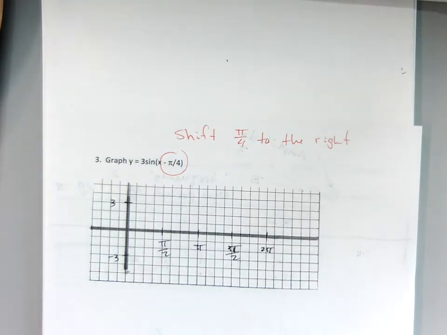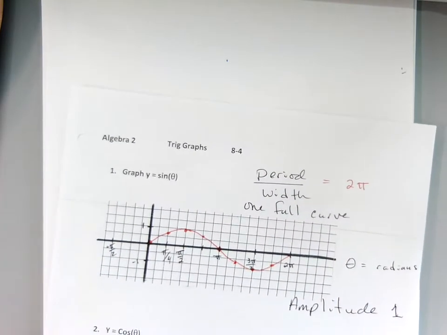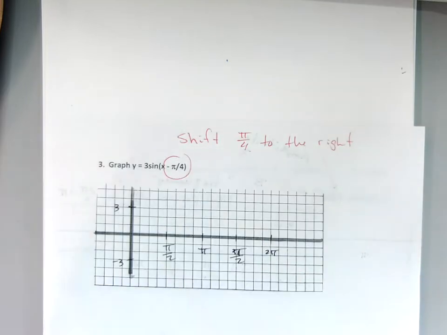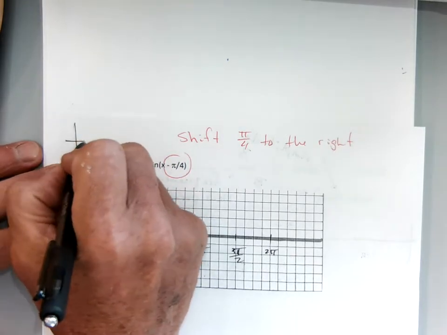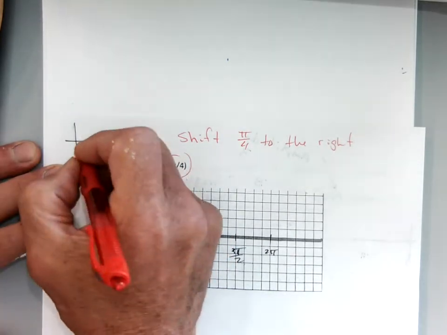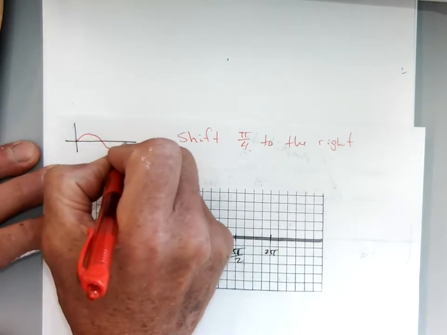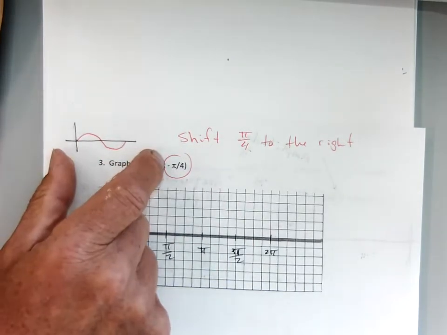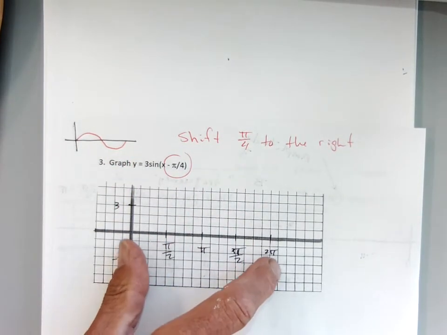Those are the ones we want. So I'll take this sine curve, and I'm going to just draw it down, but with an amplitude of 3, right? So again, just to make it easier for us, we know a general sine curve has this shape. It's always nice to see it because then you've got it right in front of you. So we're going to put this down here between 3 and negative 3.